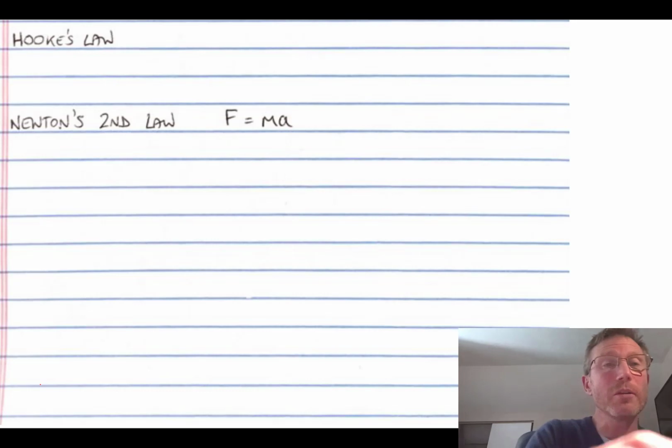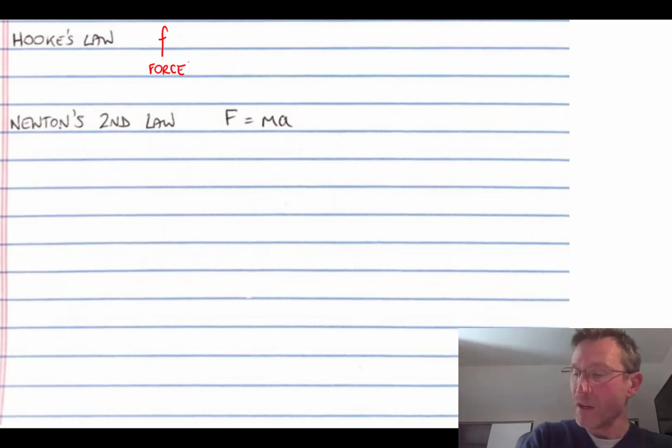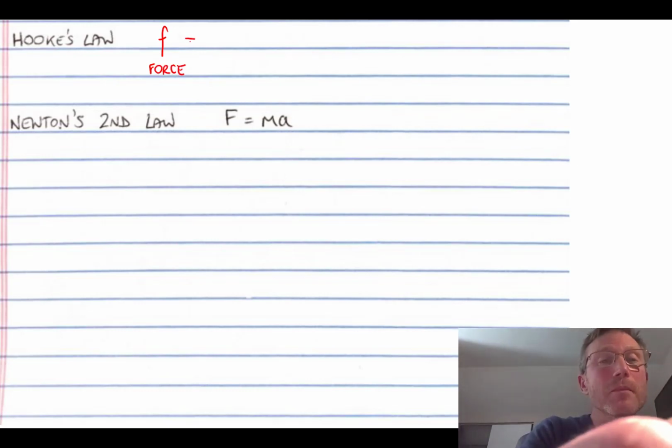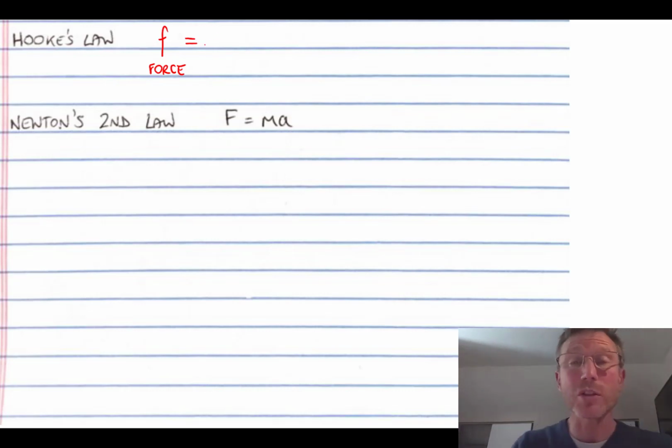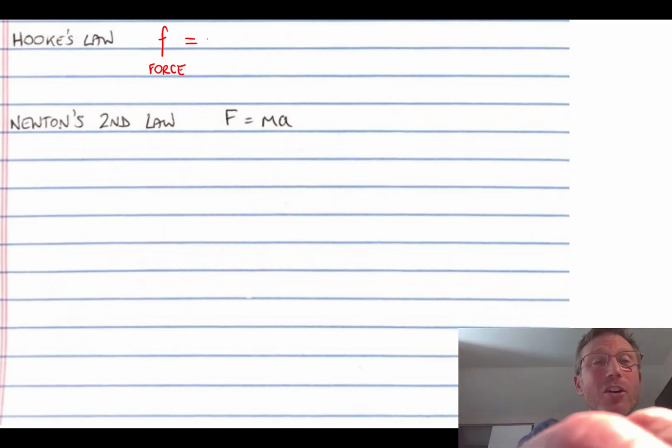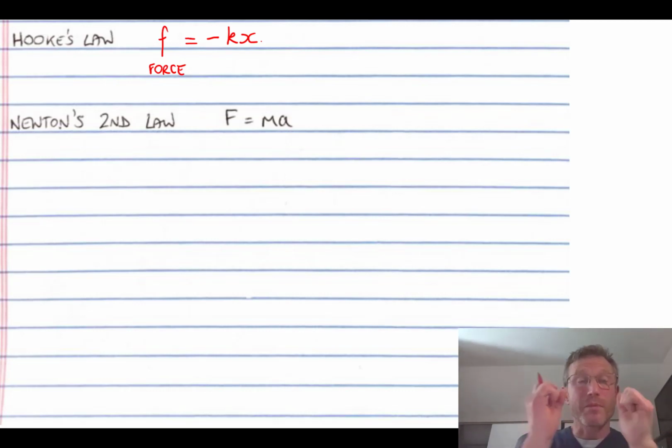So what is Hooke's law? We're going to say there's a force F. So here's our force. It's our restoring force. And as I mentioned, it's proportional to the displacement. So because it's a restoring force, the more we pull away the position of the ball from the wall, the larger the force.